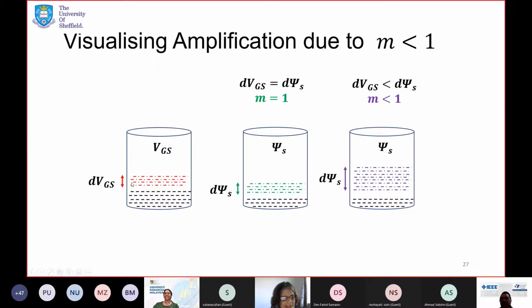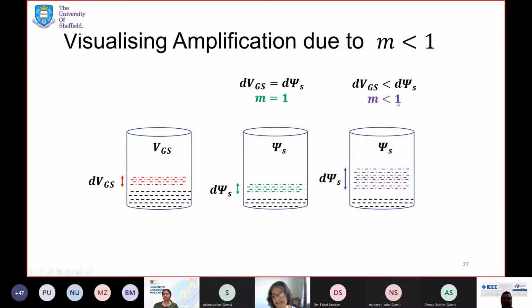So we apply a certain voltage on the gate, which is represented by these red lines, and call it dVGS. If m was 1, then all of this voltage would be dropped across the semiconductor alone, and that would give us d psi s equal to dVGS, m equal to 1.